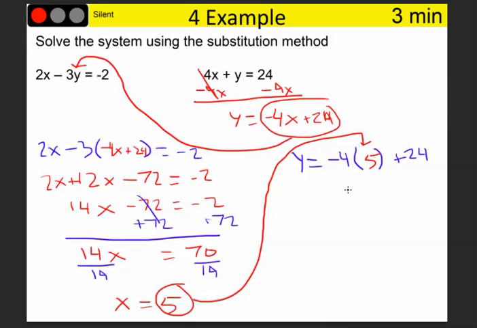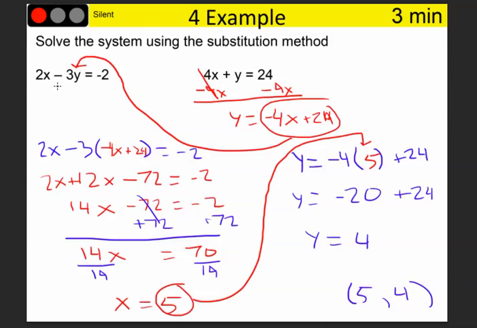And negative 4 times 5 is negative 20. And negative 20 plus 24 is 4. So my solution then is 5, 4.